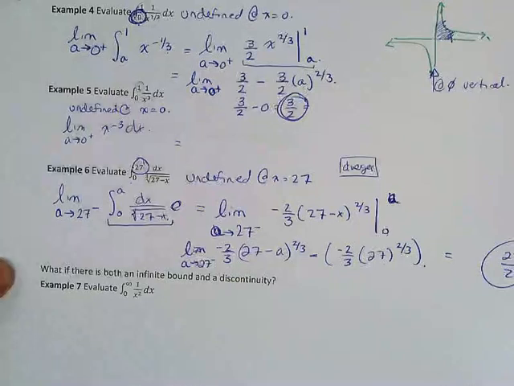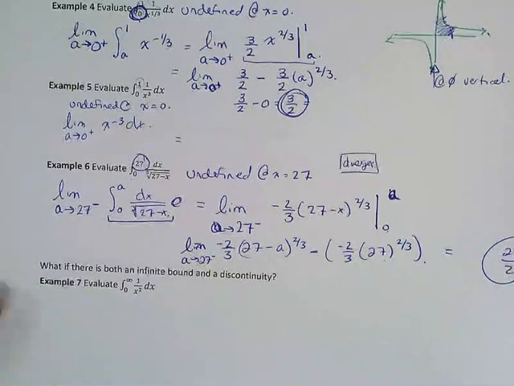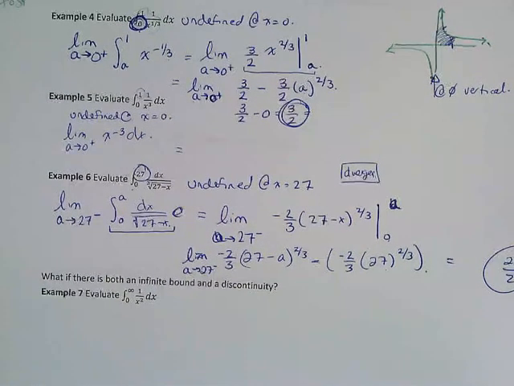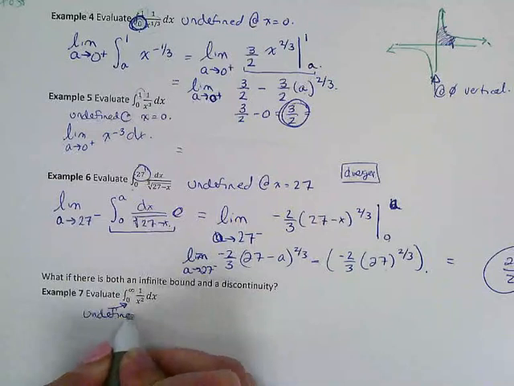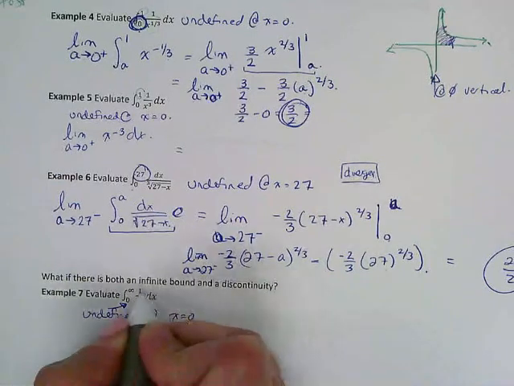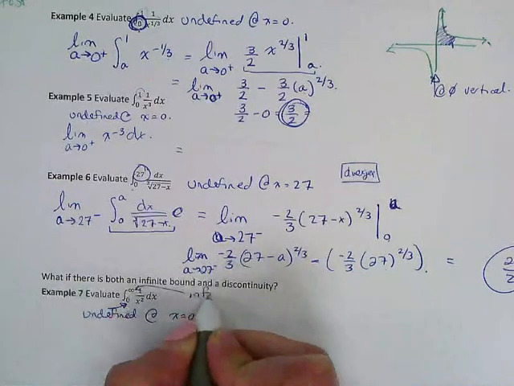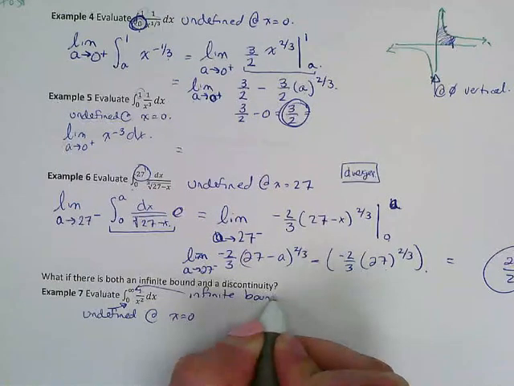All right, what if there is both an infinite bound and a discontinuity? So here, you notice that it's undefined at x equals 0, but we also have an infinite bound.